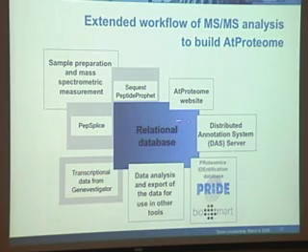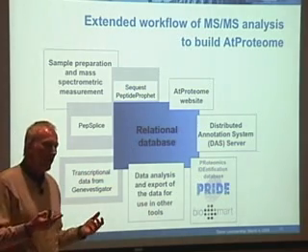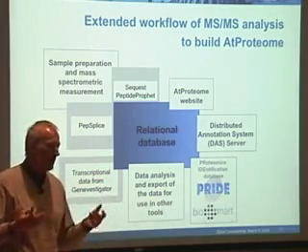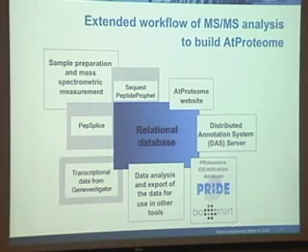All the data that we have currently from the proteome, we have in the AT-proteome database, which is a little bit more dynamic, so you can work with that quite easily and customize your searches and your analysis. But all of the information is also in the public database called PRIDE.